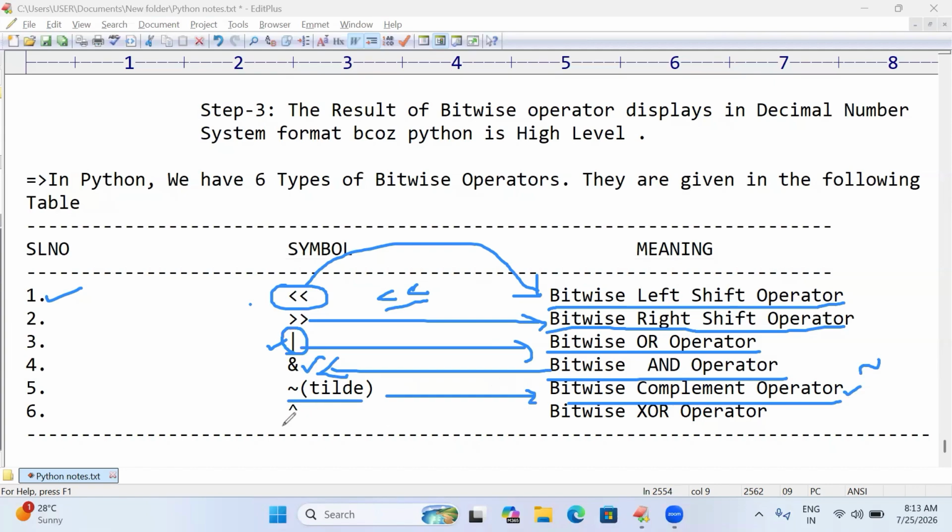The last bitwise operator is the bitwise XOR operator, and to represent bitwise XOR we use the power symbol. These are the six bitwise operators which are important in Python programming.